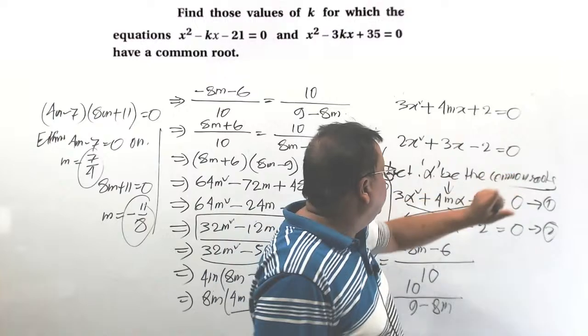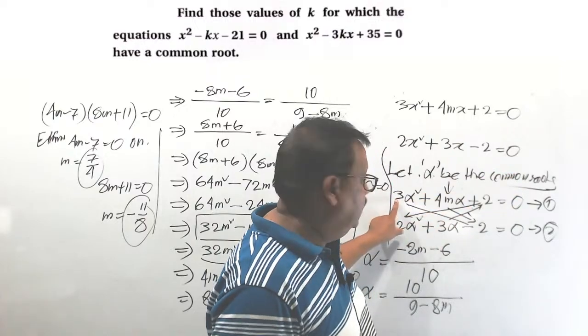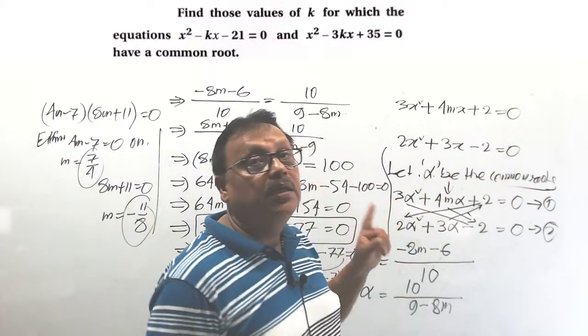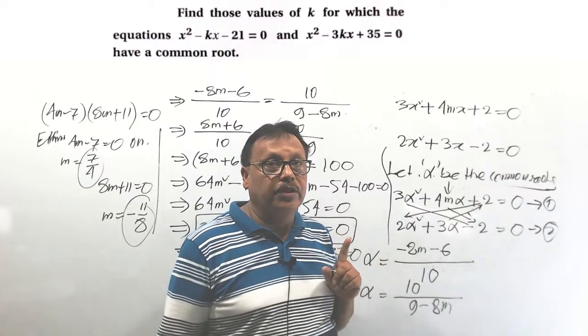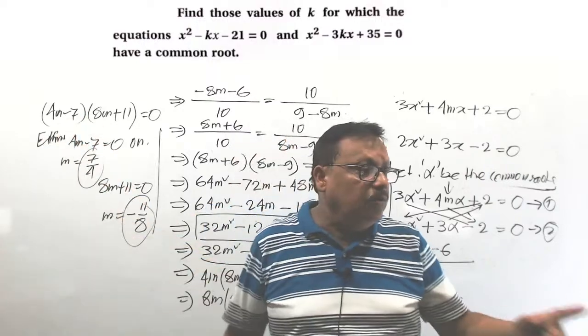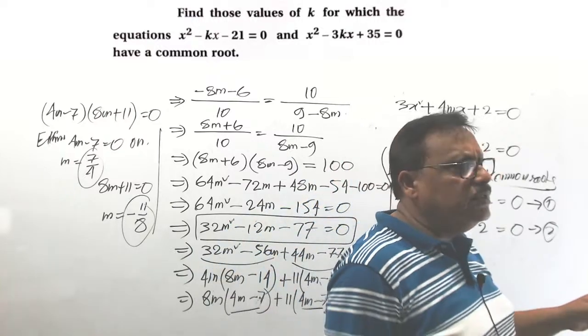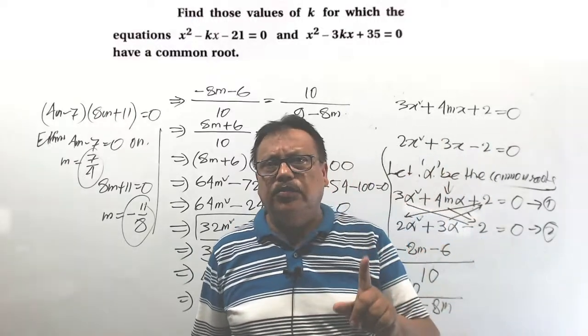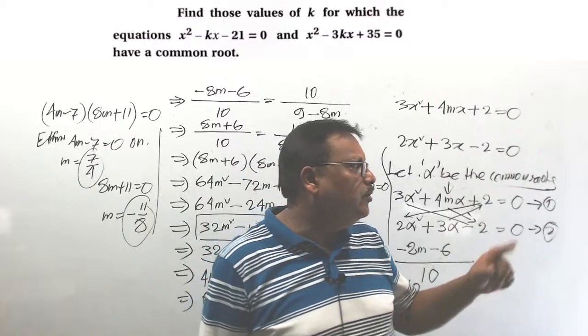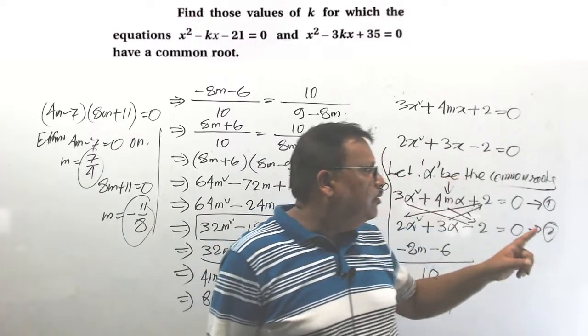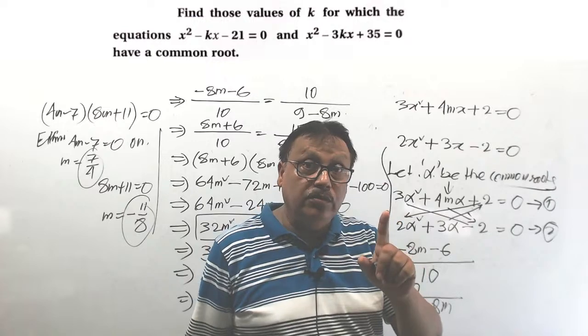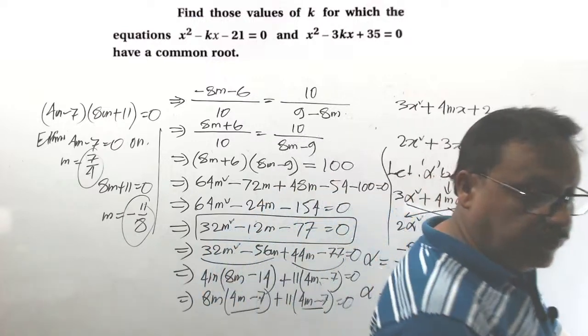Let alpha be the common root. Alpha will satisfy both, and by the cross multiplication method, same procedure, you will get the values of k. The answer is plus minus 4, I think. I have not written it here, so you will do it yourself. Okay. And you will inform me.